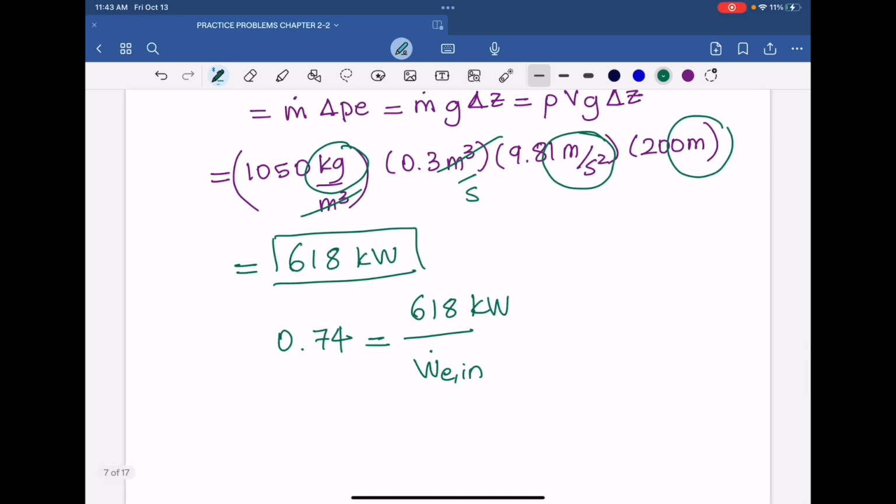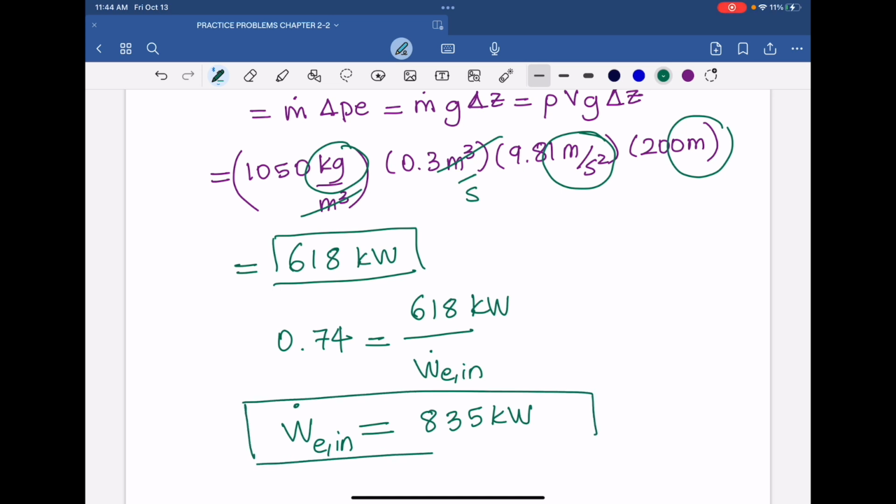From here you should be able to calculate the power that we need to put into the pump, which should be 835 kilowatts. This way we can achieve this amount of potential energy change in the fluid.